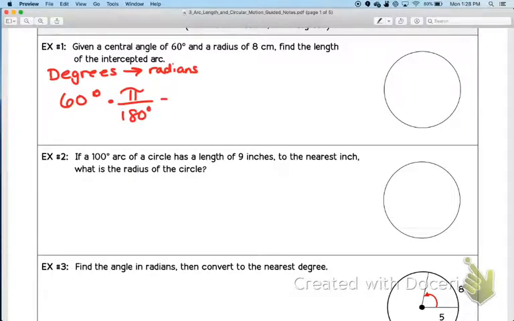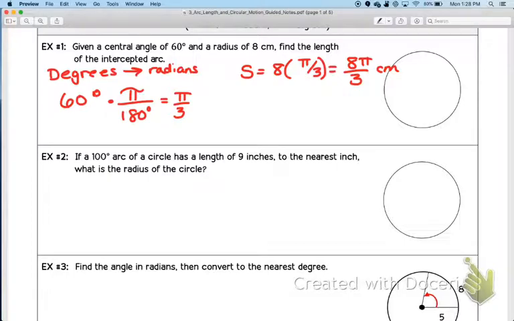That gets us 1/3 pi as our radians. Now using our formula, our arc length S is equal to our radius, which they told us is 8, times our central angle in radians, which is pi over 3, which is 8 pi over 3. That would be in centimeters, because that's my dimension.